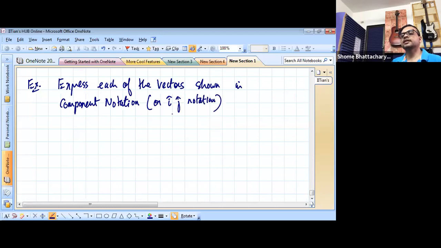So we are using I cap and J cap. Okay. So let's say in this question, some vectors are shown to us in terms of the xy axis.